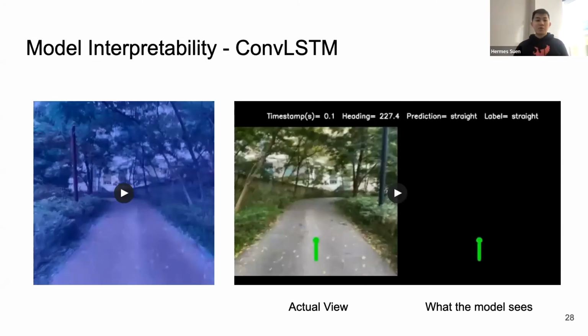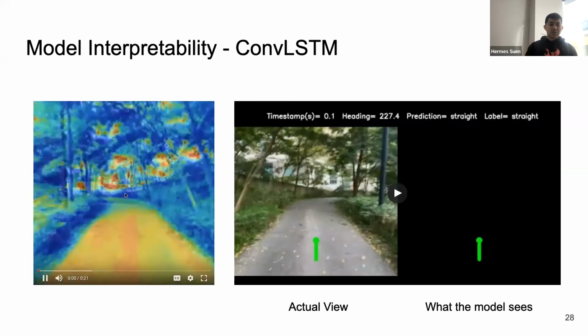So to provide interpretability to our models, we decided to apply the GradCAM explainer module to our trained models. On this slide, we can see the explainer module applied to the ConvLSTM stage 1 model. On the left, we have a video of saliency maps, which shows the important regions of where the model places its focus.